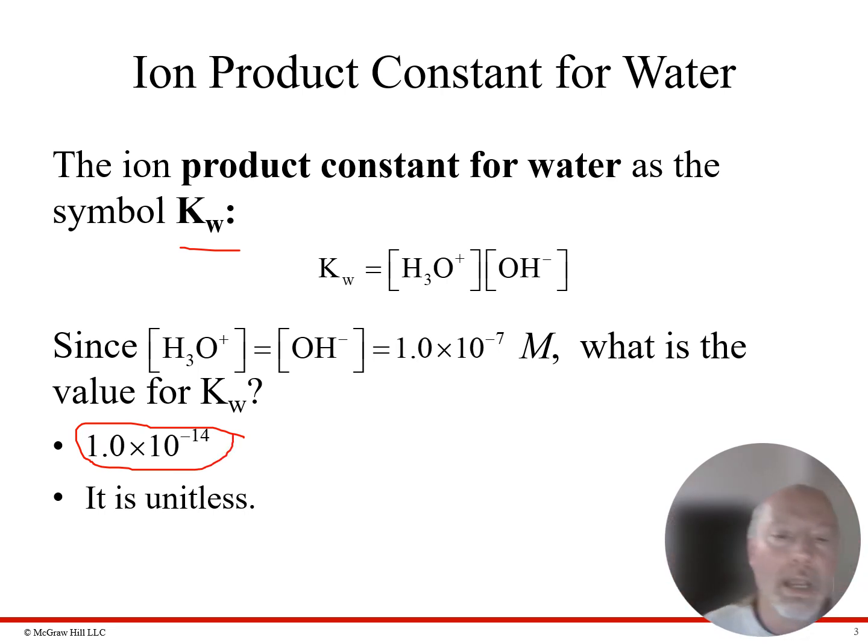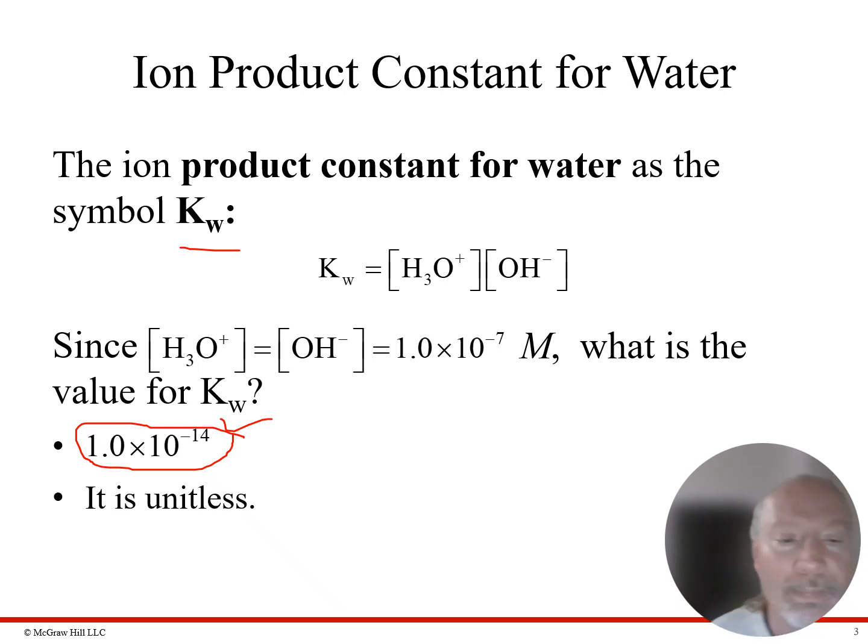It is unitless. Make sure you know how to multiply scientific notation together. Remember, both of these are 1.0. Both of them have equal concentration. So if you take 1.0 times 10 to the negative 7th times 1.0 times 10 to the negative 7th, you can add the exponents. Negative 7 plus negative 7 gives you negative 14.